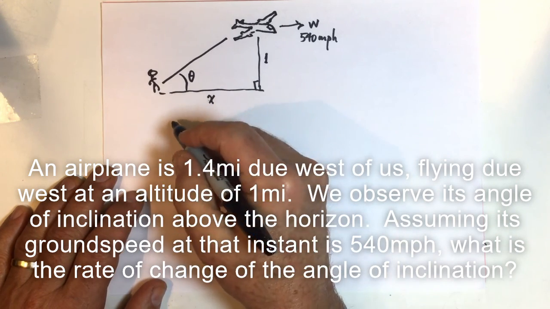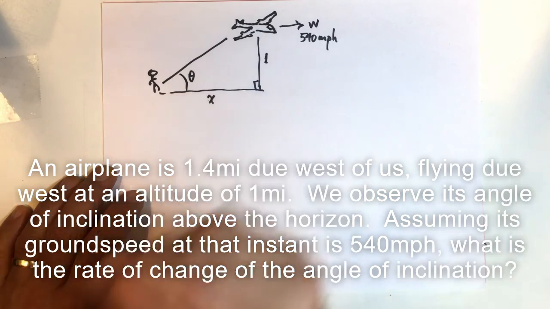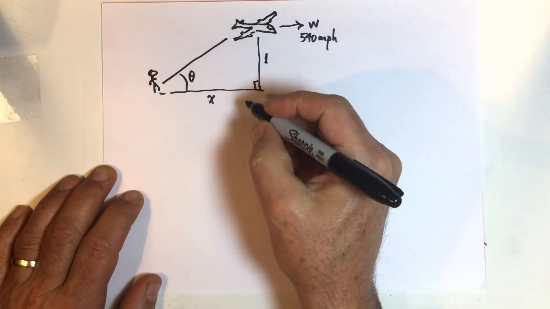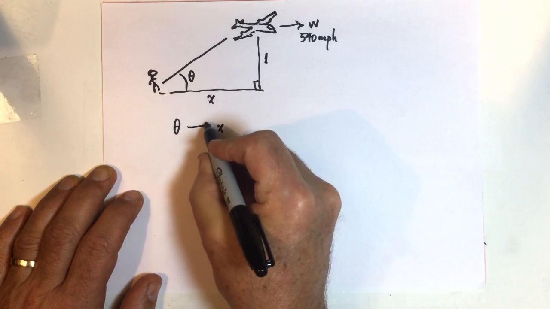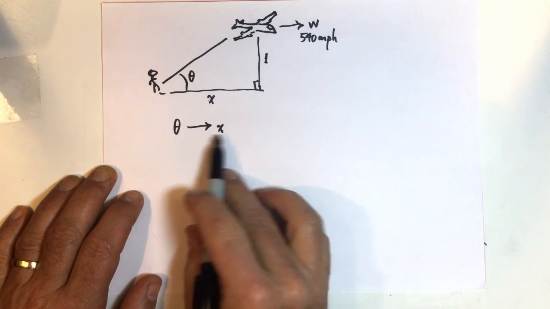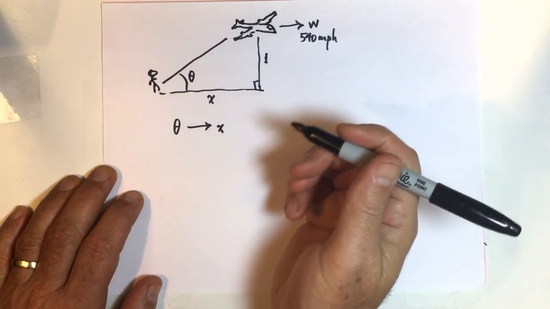So I'll make x depend on theta, and that will give me a trig function that will express x, and if I were to do it the other way, I'd have to do an inverse trig. It's not quite as satisfactory.